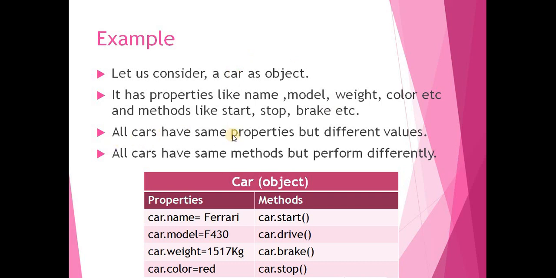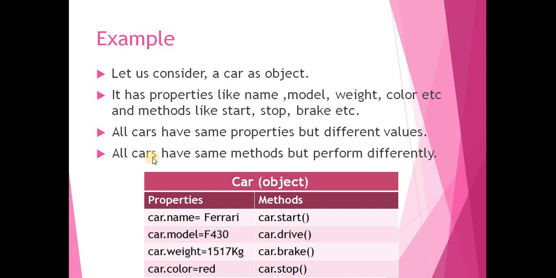All cars have same properties but different values. So if you take any car, they are going to have the same describing features, same properties: name, model, color, weight, but the value for each and every car is going to be different. That is what it means, same property but different values.